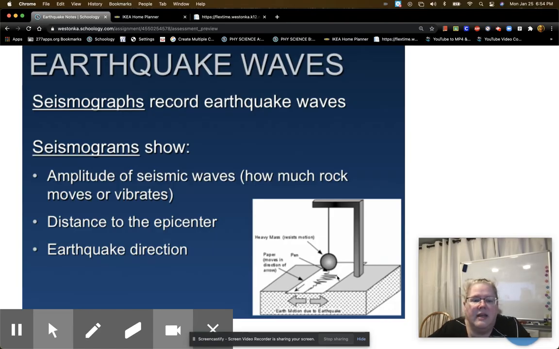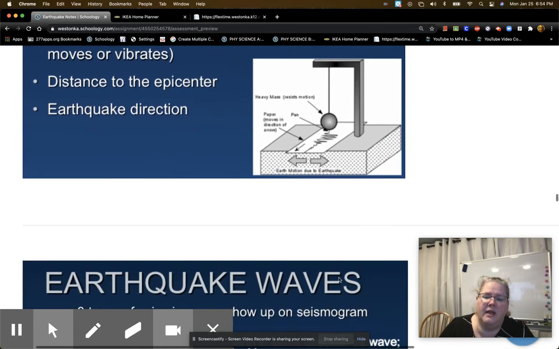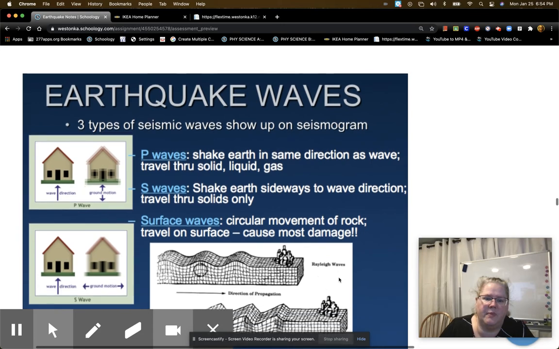It can tell us the amplitude, the height, from the center to the crest, or the center to the trough, which tells us basically how much rock moves or vibrates. So the amplitude of the wave tells us the intensity. We can also find out the distance to the epicenter and the direction from which it came. All of that from a handy dandy seismograph chart.